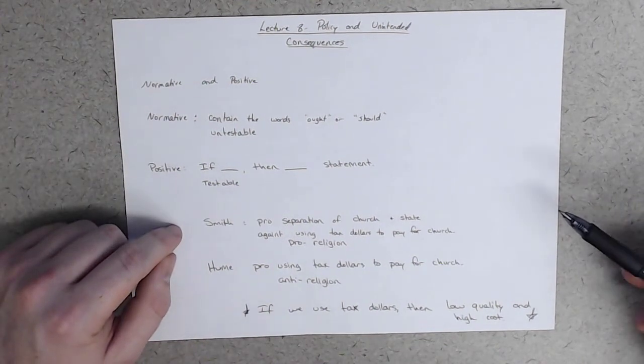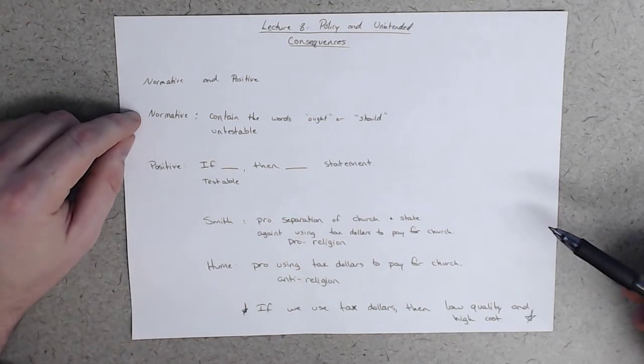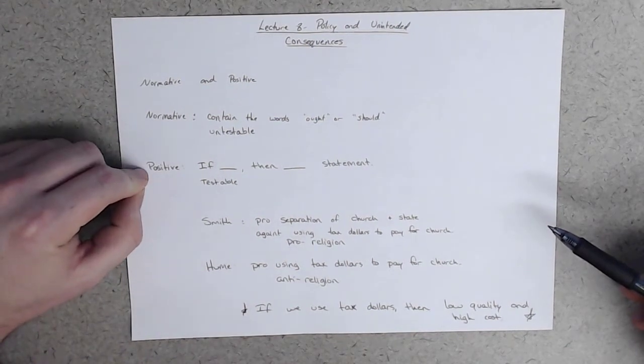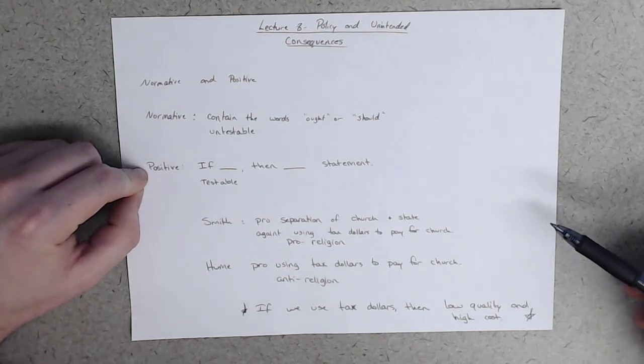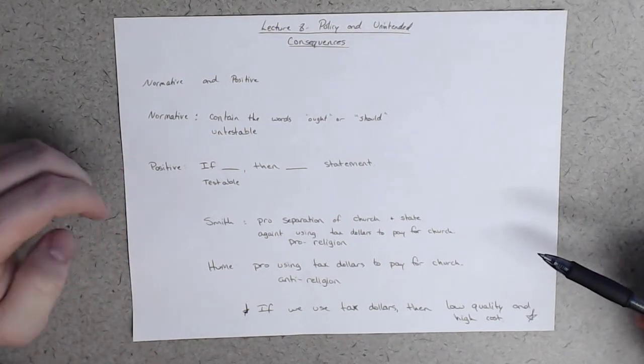Adam Smith believed that religion was good, and so he thought that everyone should be religious. And so he opposed using taxpayer dollars because he wanted the church to be high quality and low cost. David Hume thought religion was a terrible thing.